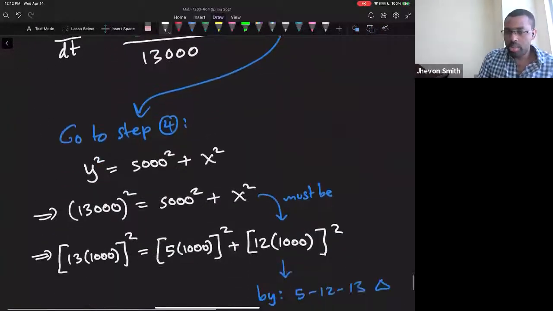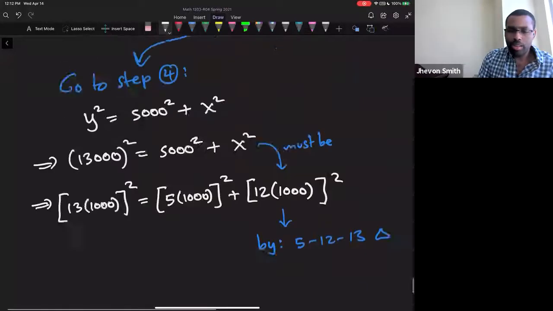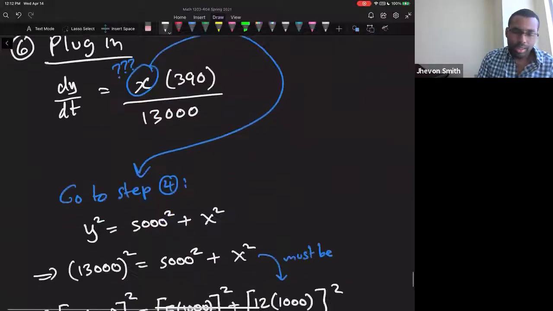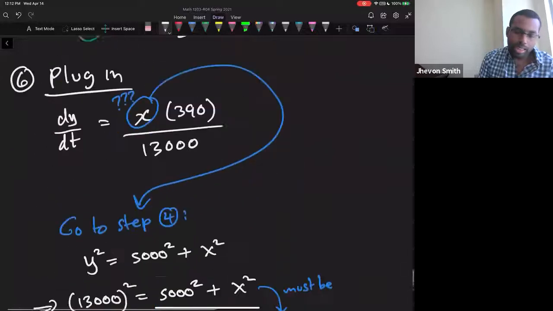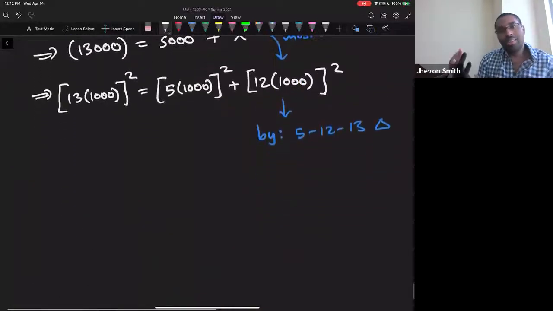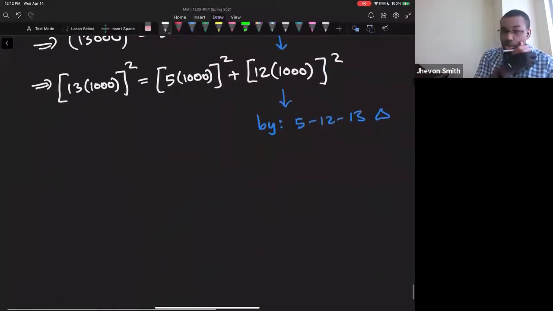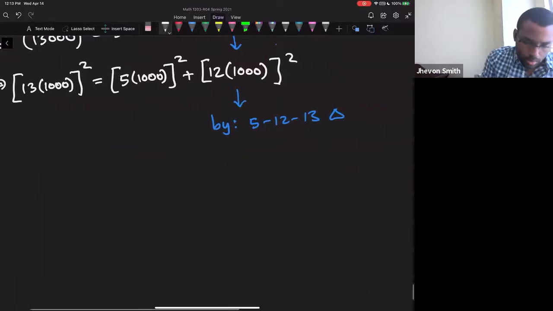So 3, 4, 5 and 5, 12, 13 are pretty much the most famous ones. If you're trying to find side lengths of a right triangle, unless the numbers are super small, chances are I'm going to hide a 3, 4, 5 triangle or a 5, 12, 13 triangle in there, because I know you guys aren't supposed to use calculators. So I'm going to give you numbers where there are tricks for you to do it by hand.